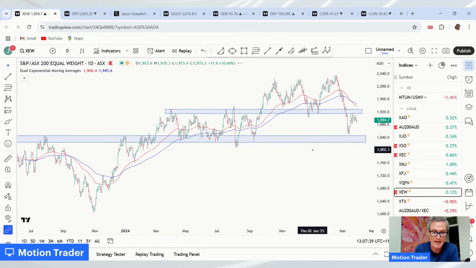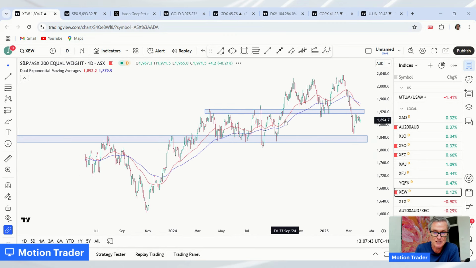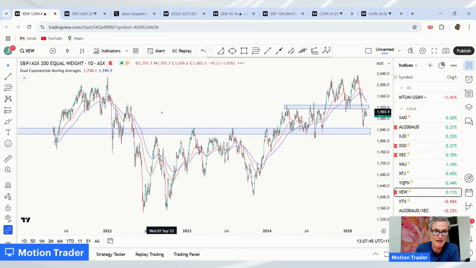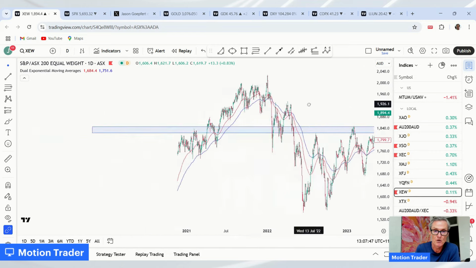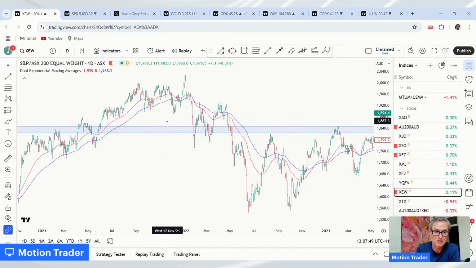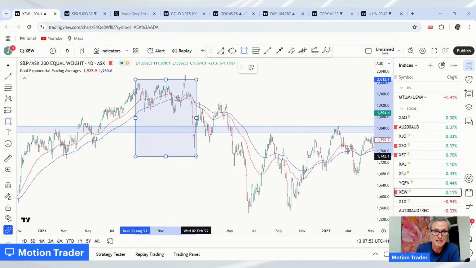I want to compare this most recent period, the last 6 months. Let's just go back and compare that with another period. So this is going back to the highs in 2021, and it's just in particular this area I want to have a look at.